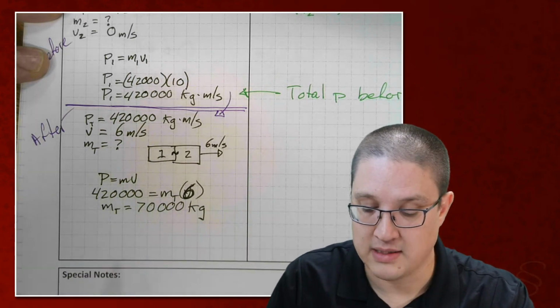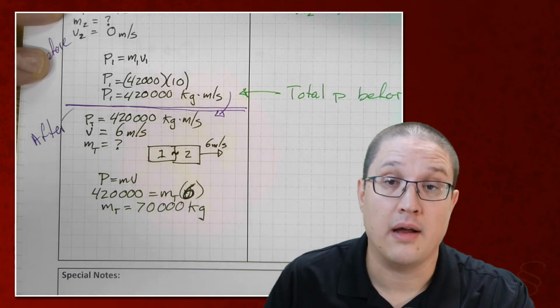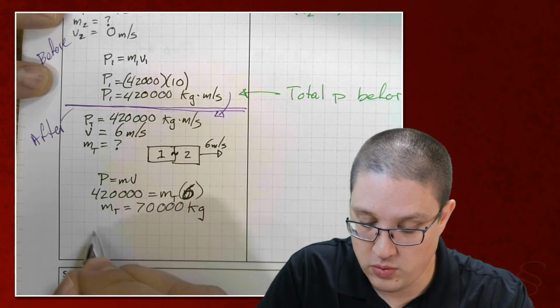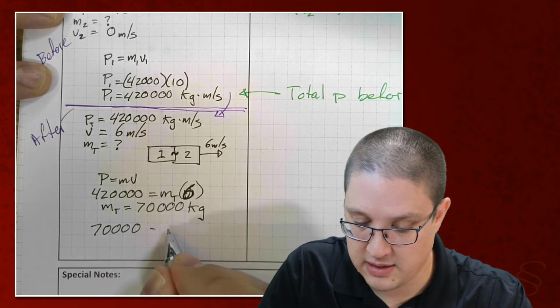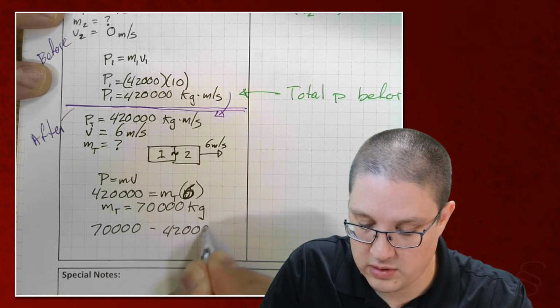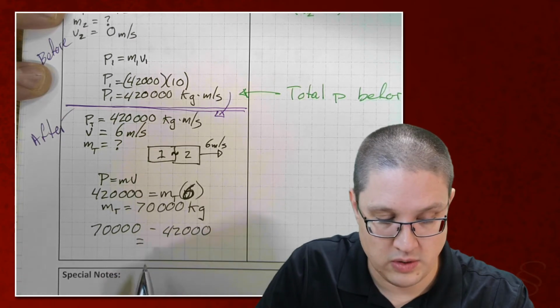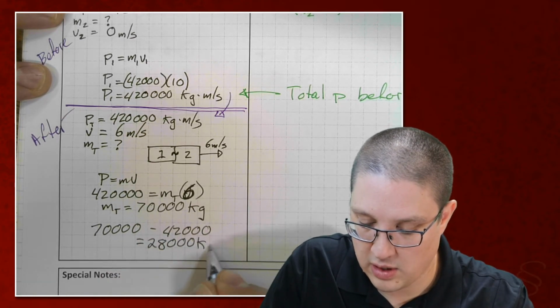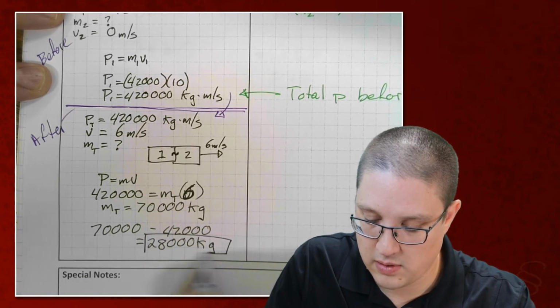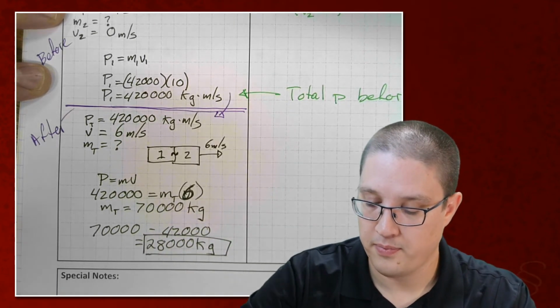That's my total mass there. What's the mass of car 2? Well, I'm going to take 70,000 minus the 42,000 of car 1, which works out to 28,000 kilograms. And there's my final answer.